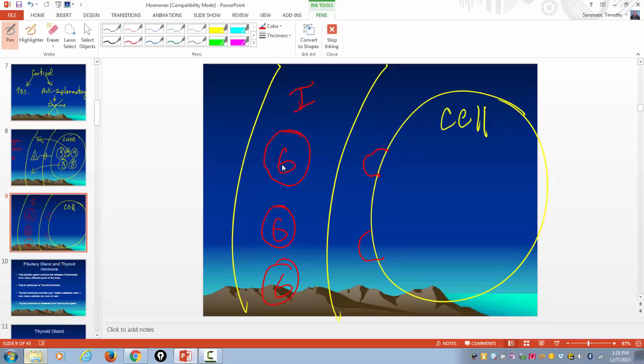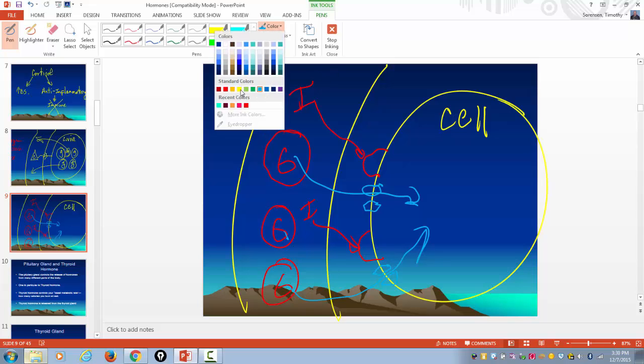In order for glucose to go from the blood into the cell, insulin has to bind with a functioning insulin receptor. And when insulin does that, it opens up these lovely little gates in your cell membrane and allows the glucose to diffuse from the blood into the cell to lower your blood sugar.